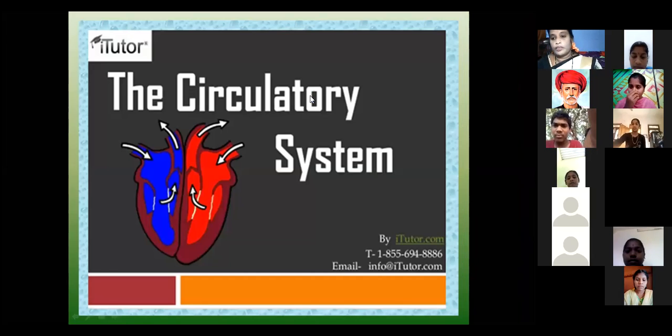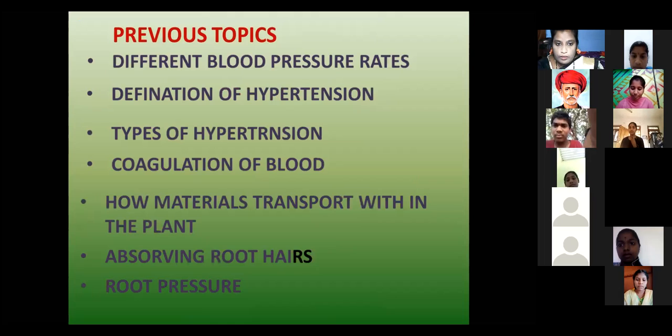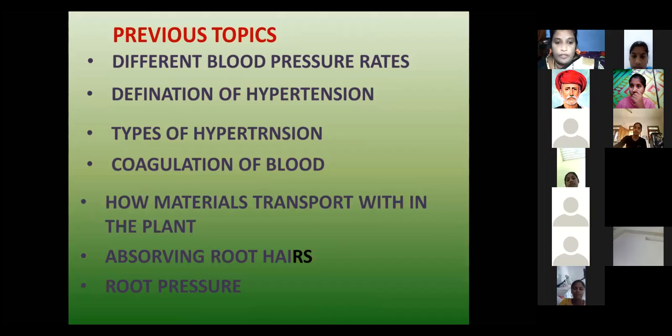The third chapter, we know the circulatory system. In previous class, we learned about the following topics: different blood pressure rates, definition of hypertension, types of hypertension, coagulation of blood, how the material transports within the plant, observing root hairs, root pressure.